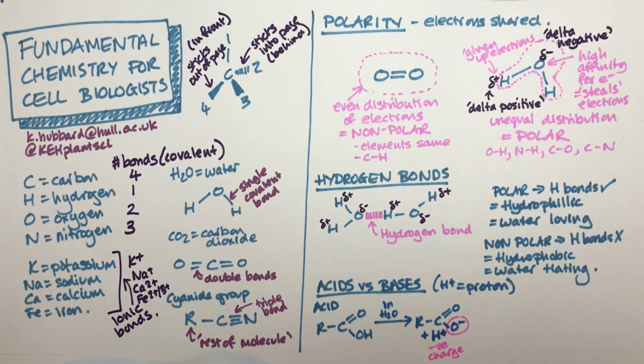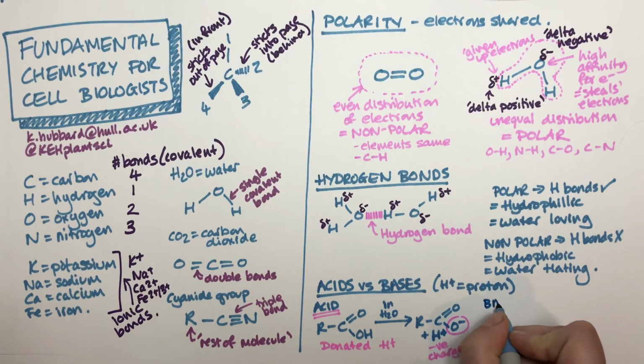So our molecule becomes negatively charged, and that's because it's an acid, it's donated a proton. Okay, so in the right conditions, which in most of the cases actually just in water, if it's a sufficiently strong acid, it will donate H+ and become negative. A base does the opposite.